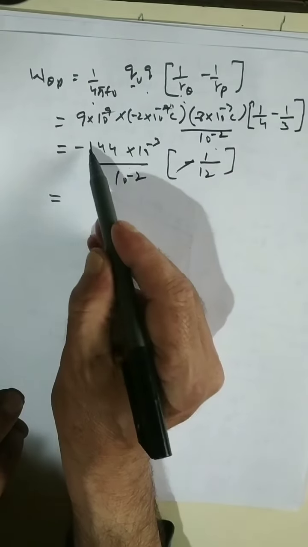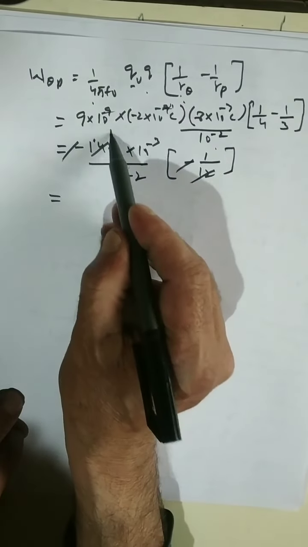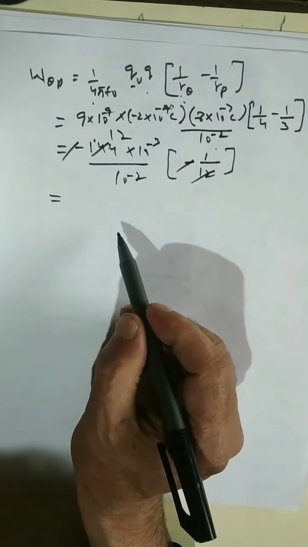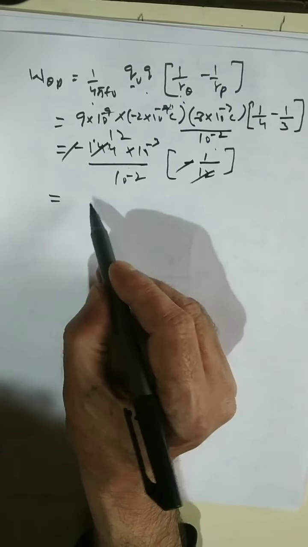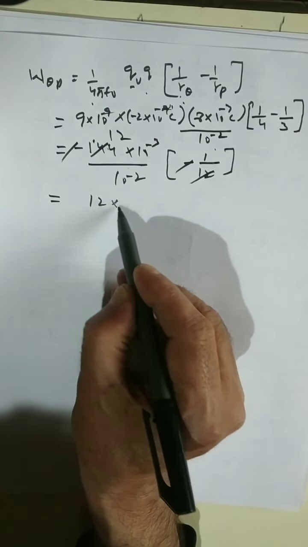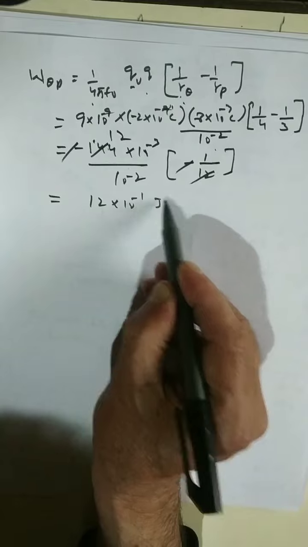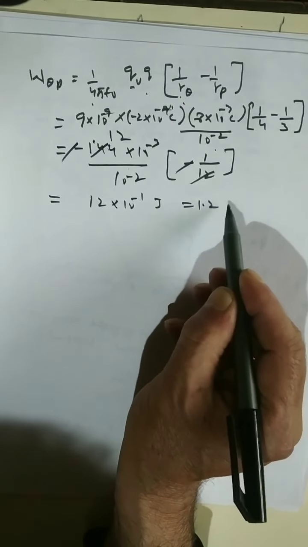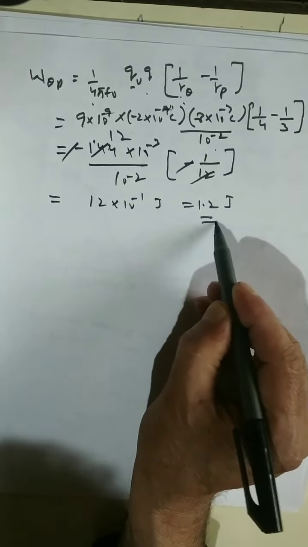So minus minus will cancel, 12 will go up, so it will be 12 into 10 raised power minus 1 joule, that is 1.2 joule is the required answer. Okay.